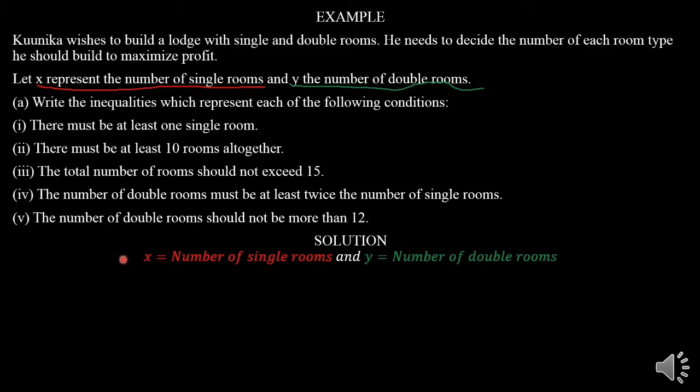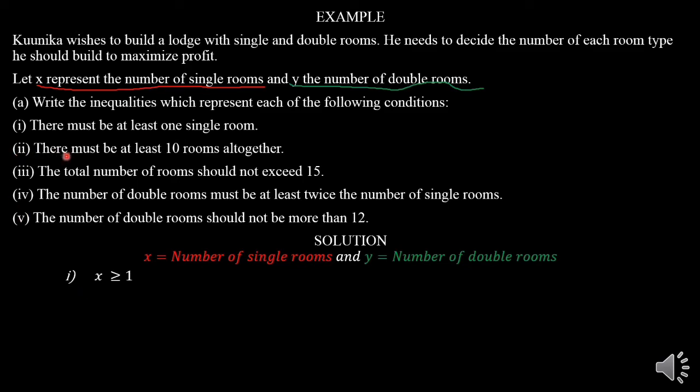So the first inequality will be that the number of single rooms, X, should be at least one. So that is important.